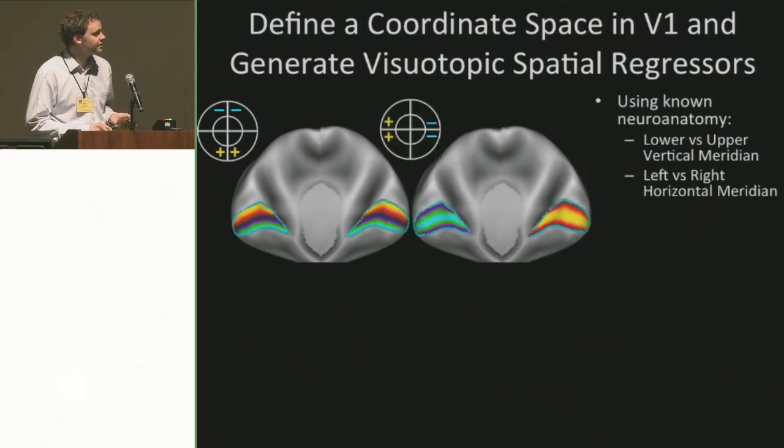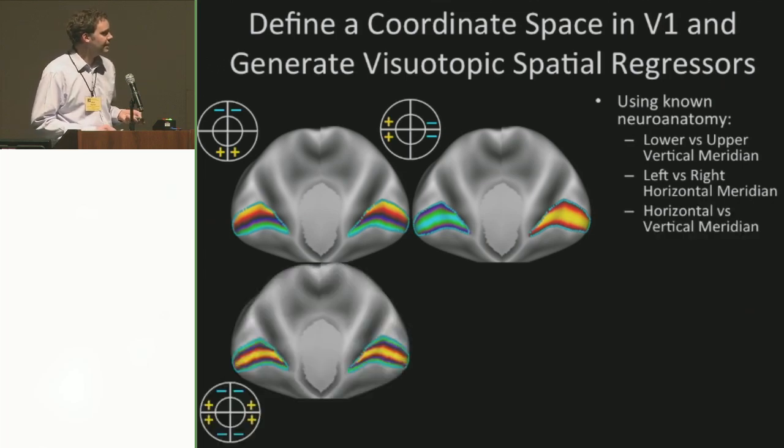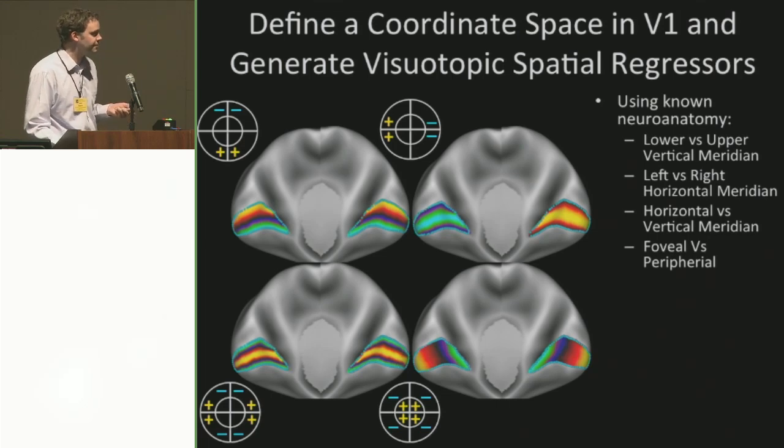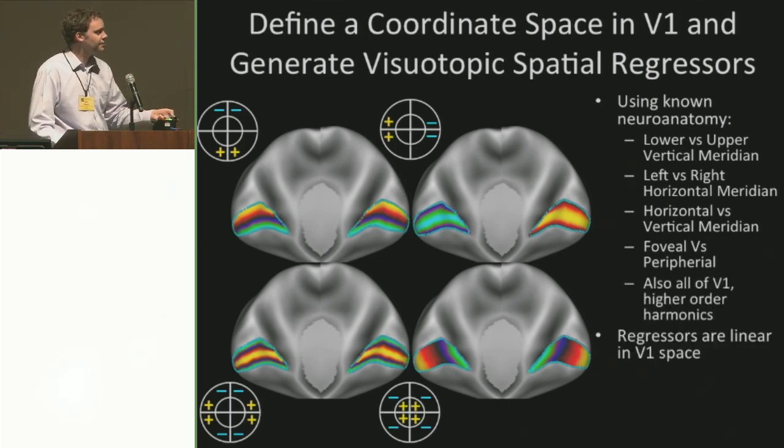Similarly, we can contrast the left and right horizontal meridians. Both horizontal meridians versus both vertical meridians we can contrast, and we can also contrast foveal versus peripheral eccentricity. So we've got a few other regressors here.